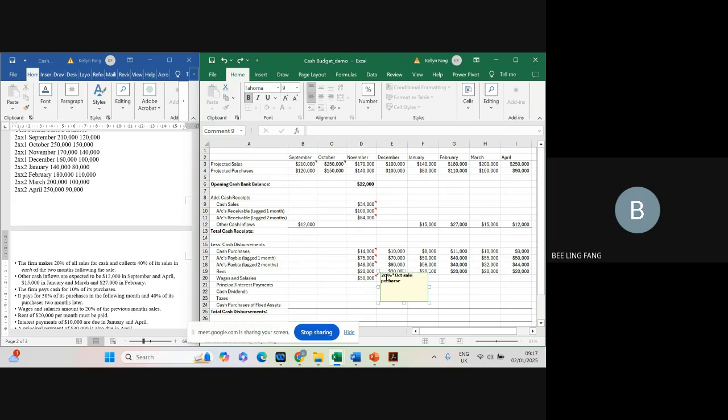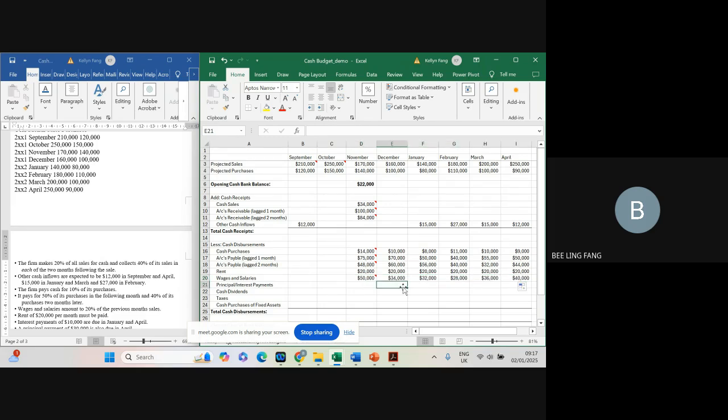October sales. Okay, so this is 20% of October sales. So if you want to calculate this one, December is 20% of the November sales. So I just drag.